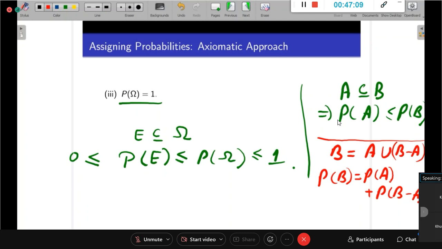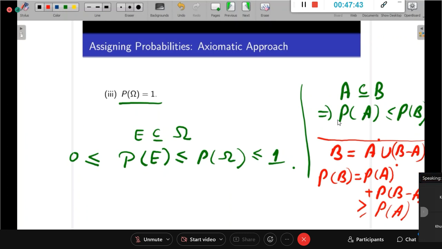Because the second axiom guarantees it: since A and B minus A are mutually exclusive events, I can write probability of A union (B minus A) as probability of A plus probability of B minus A, and it is certainly going to be greater than or equal to probability of A, because of the first axiom that probability of B minus A must be non-negative, greater than or equal to 0. There's no chance that it's going to be negative.